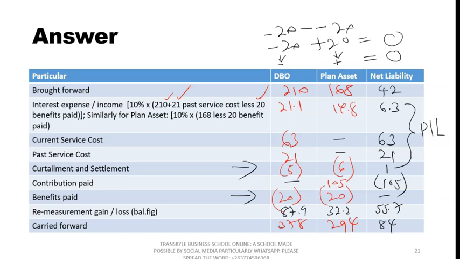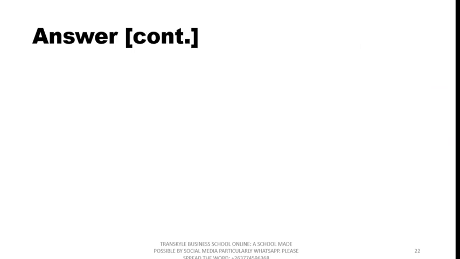Then this one is the credit to bank for the 105, because this is a contribution to the plan. And this figure, the 55.7, is taken to other comprehensive income. So basically, in short, all these are going to be accounted for as follows.